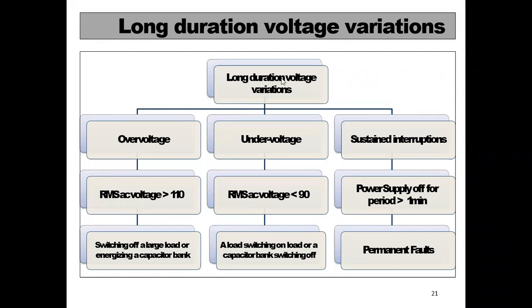Long duration voltage variations are over voltage, under voltage, and sustained interruptions. The over voltage is when the RMS AC voltage is greater than 110% of the rated voltage, and this is caused due to the switching off of a large load or energizing a capacitor bank.